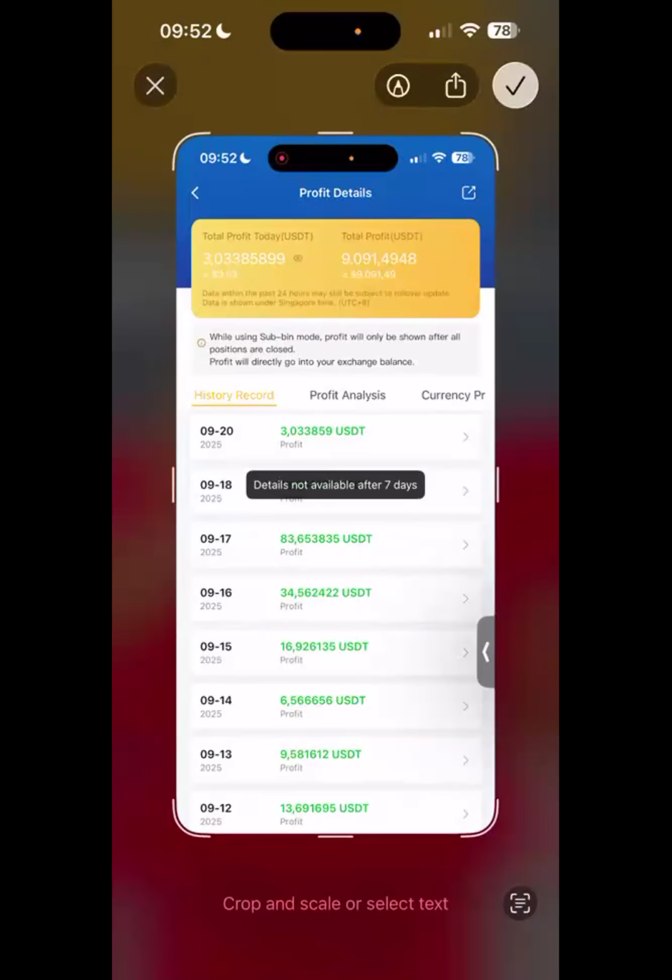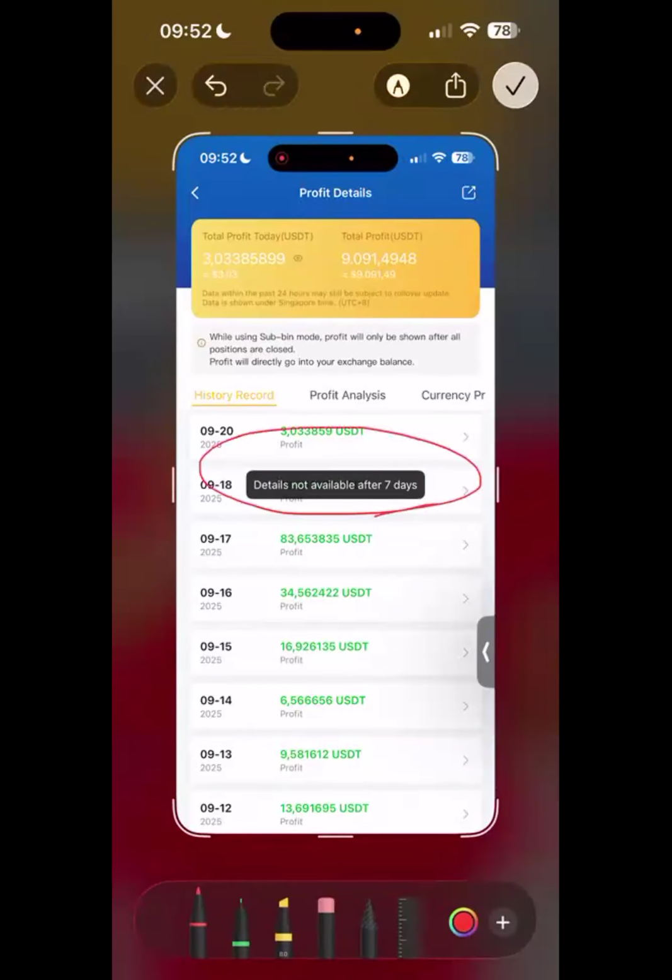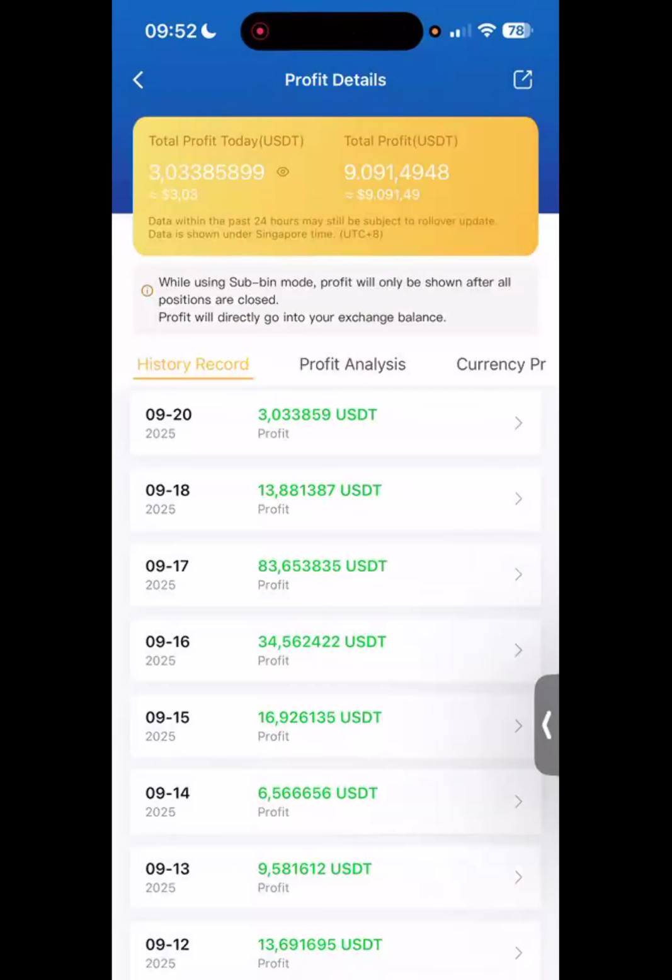Because it is more than 7 days. Details not available after 7 days. So it's advisable for you to be tapping it to see, but you can still get the records on the order message. Just that it will be a little bit too cumbersome and tiring for you to be scrolling through to get more than 7 days of records.